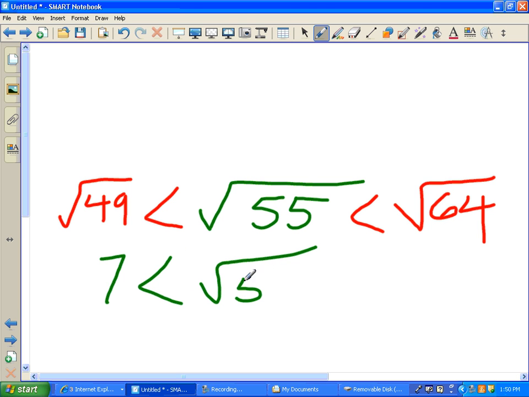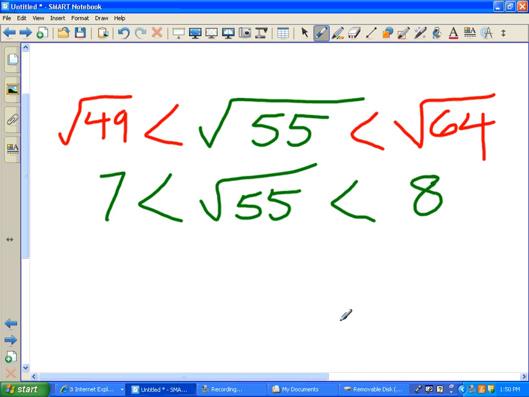And if I look at 64, well, 8 times 8 is 64. So the answer root of 64 is 8. So we know our answer is going to be between 7 and 8, because 7 is less than root 55, but 8 is greater than root 55.